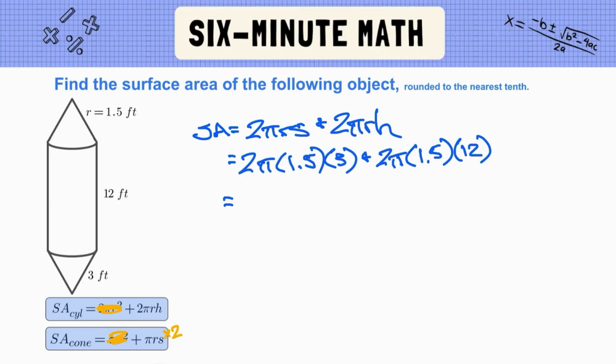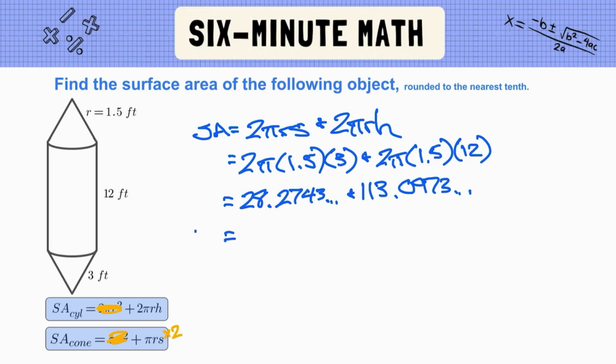2 times pi times 1.5 times 3 is 28.274, plus 2 times pi times 1.5 times 12 is 113.0973.